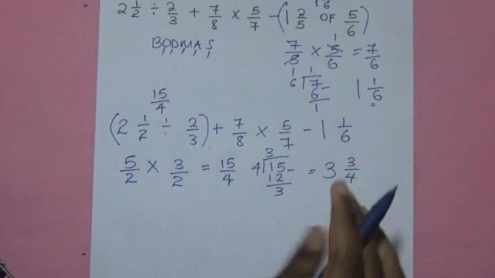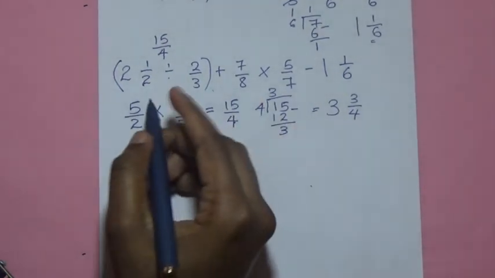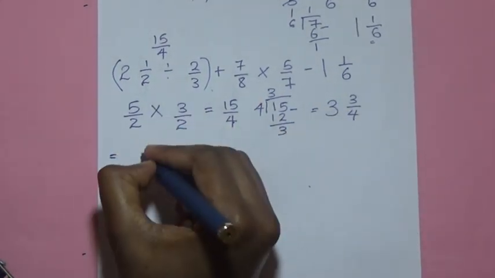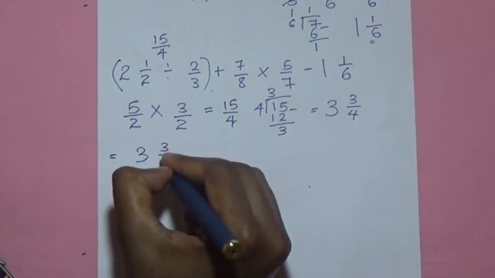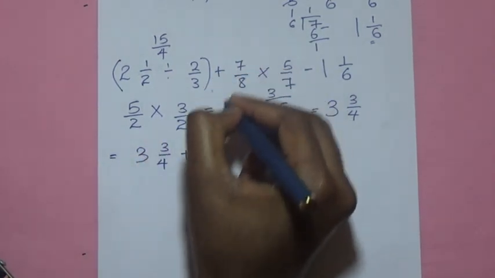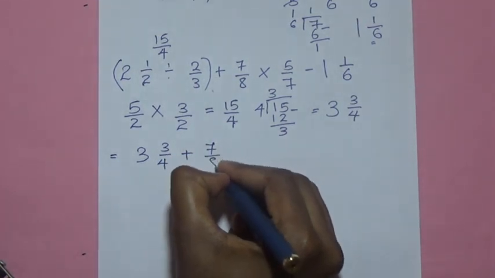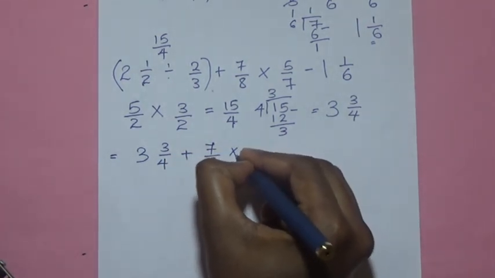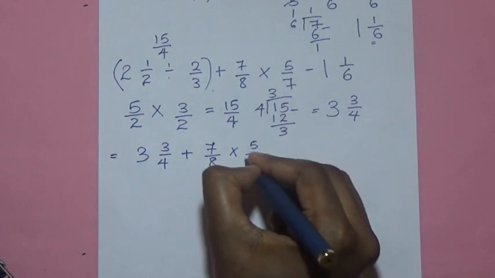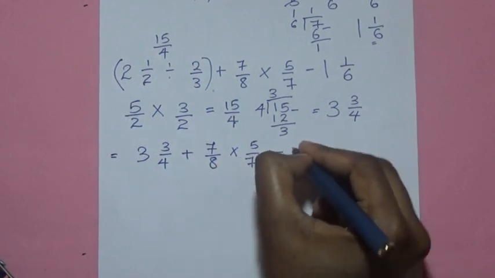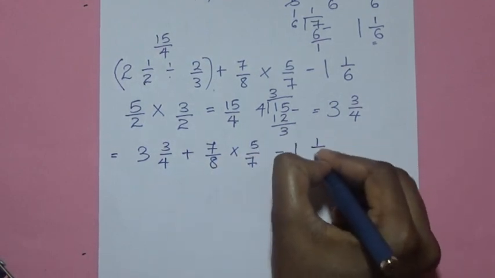Okay? Now, let us write down what we have. We will have 3 and 3 over 4 plus 7 over 8 multiplied by 5 over 7 minus 1 and 1 over 6.